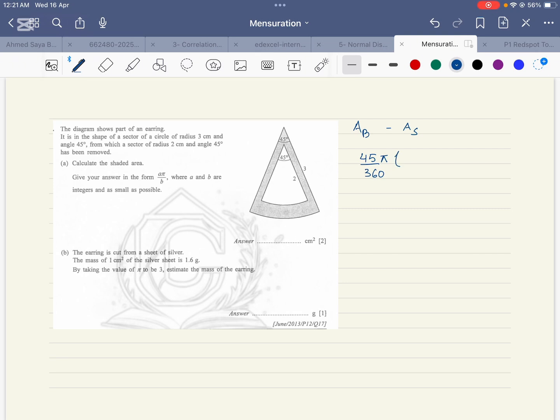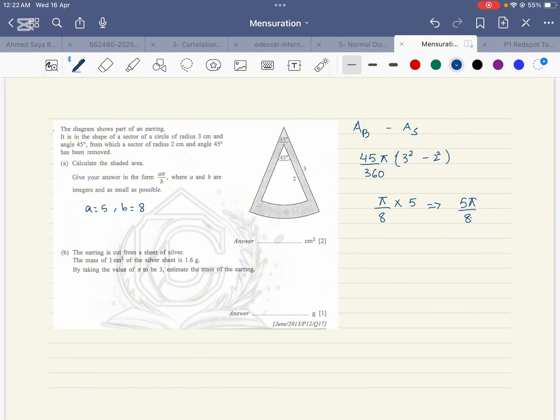Pi r squared, r squared means 3 squared minus 2 squared. So 45 divided by 360 gives me 1 upon 8. So pi by 8 into 9 minus 4, which is 5. This gives me 5 pi by 8, where A is equal to 5 and B is equal to 8.